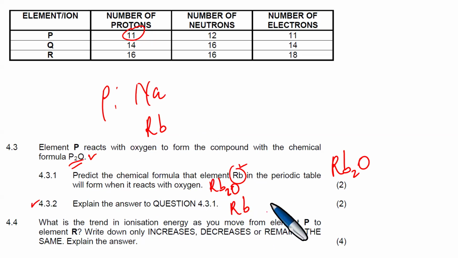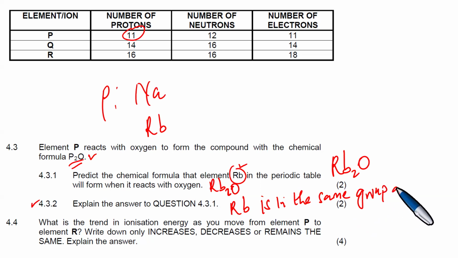Because Rb is in the same group as P, or you can say they're in the same group as sodium, and that is the reason why they would have that particular formula there.